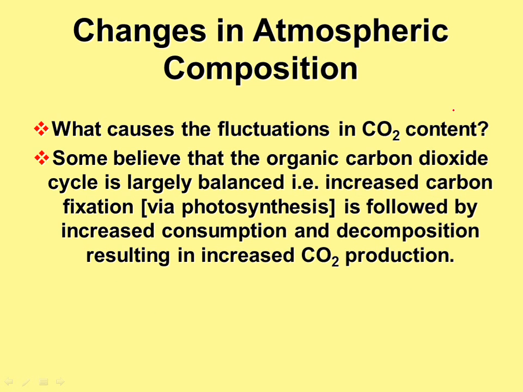But as I pointed out, the dinosaurs didn't have SUVs, so there must be other reasons why the CO2 concentration changes. And you get into a very interesting debate at this point, because there are arguably two sources of carbon in the carbon dioxide system, one related to the organic side of the equation, and the other on the inorganic side of the equation. Some people believe that the organic carbon dioxide cycle is essentially balanced, roughly balanced anyway.